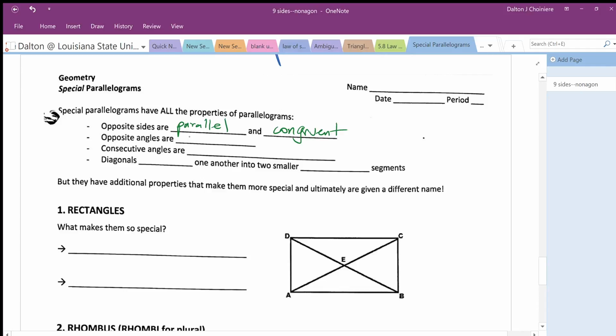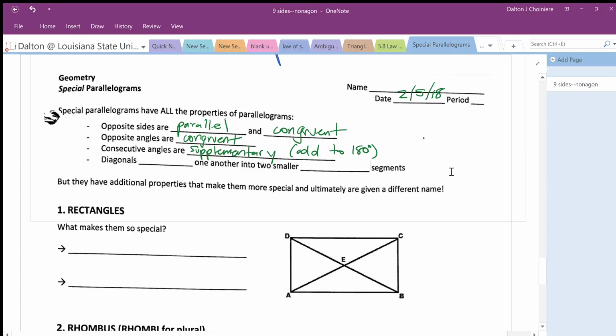They are congruent as well. Consecutive angles are supplementary, which is the fancy word. If you prefer, you can put add to 180 instead.